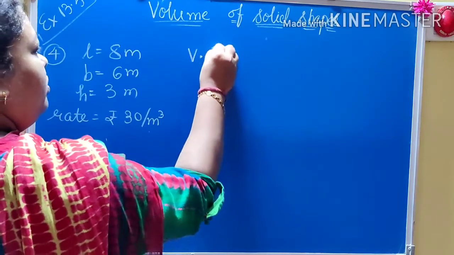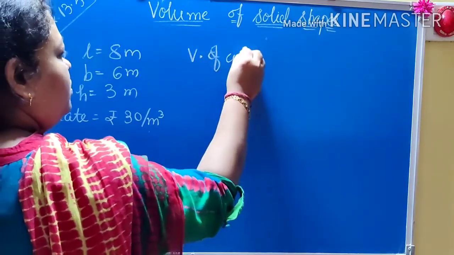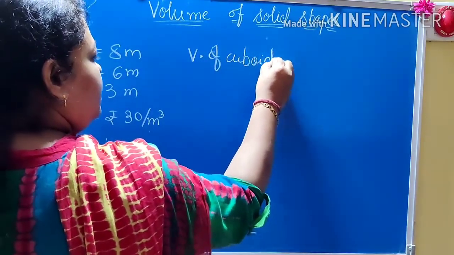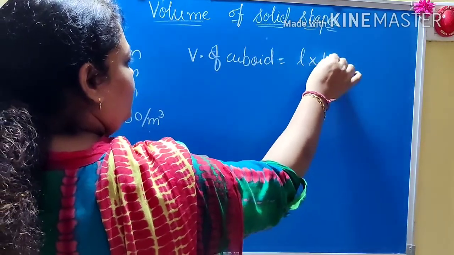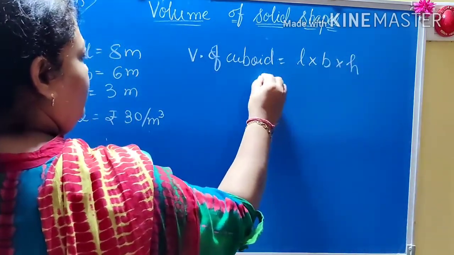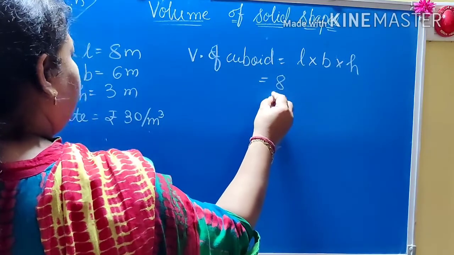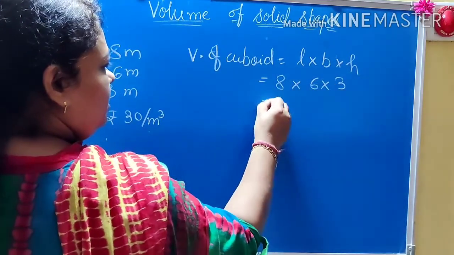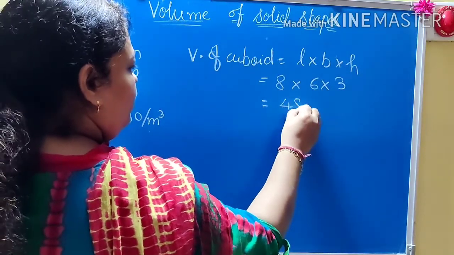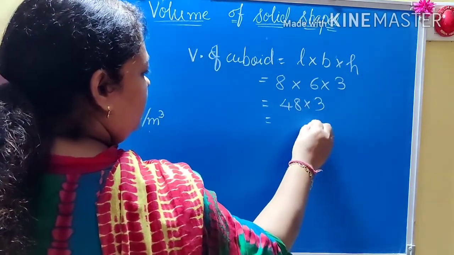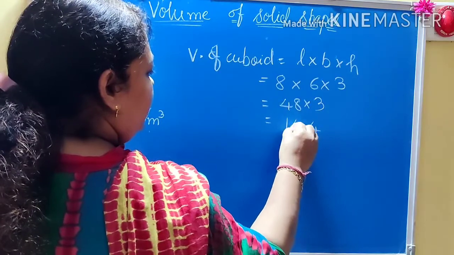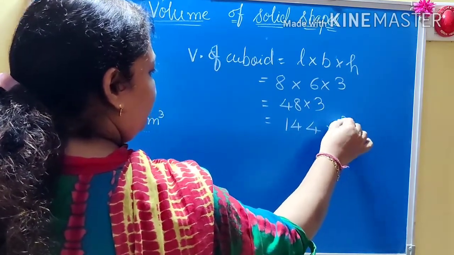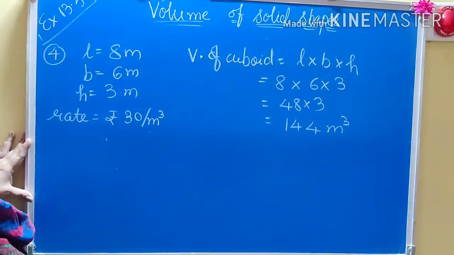The volume of a cuboid is L into B into H. The length is 8, breadth is 6 and height is 3 meter. So it is 48 into 3, 144 meter cube will be the volume of that cuboidal pit.